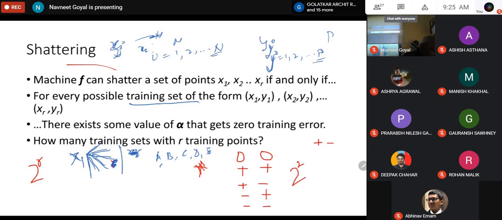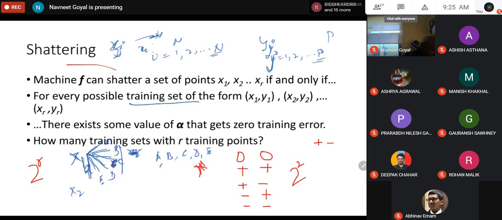I can assign any of these 5 grades to this particular student X1. In how many ways can I assign a grade to a student? Yes, 5 ways. So A, B, C, D, E, for example.